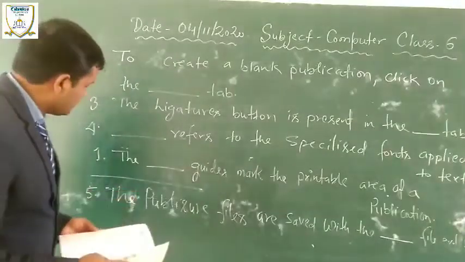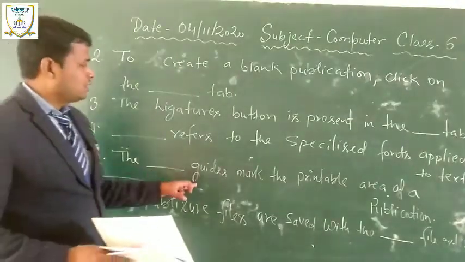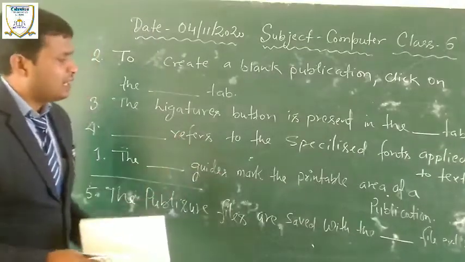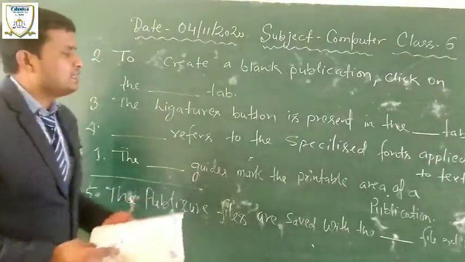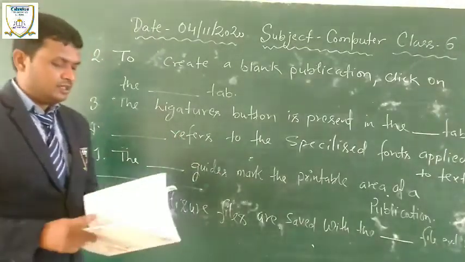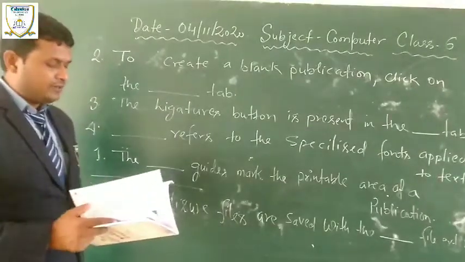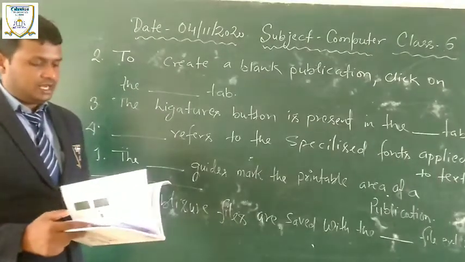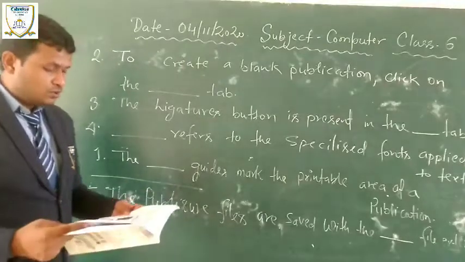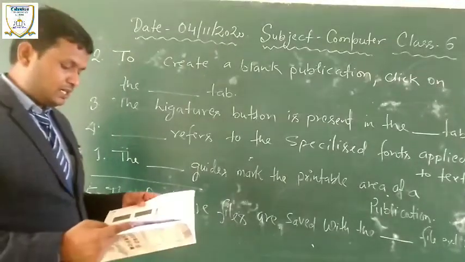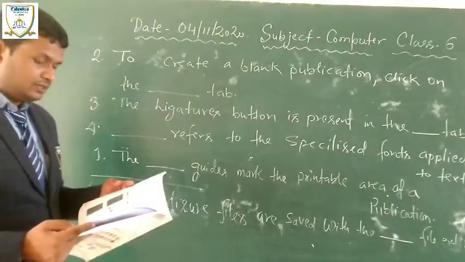The first says the dash guides mark the printable area of a publication. So which guides are for the printable publication area?